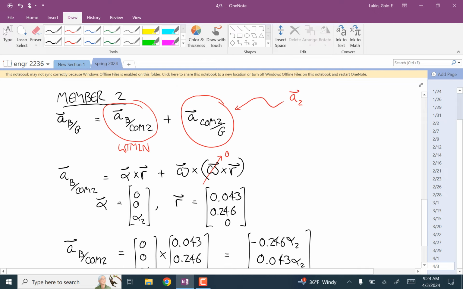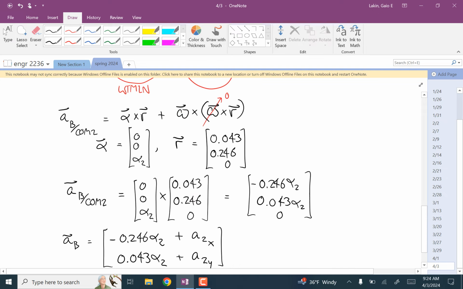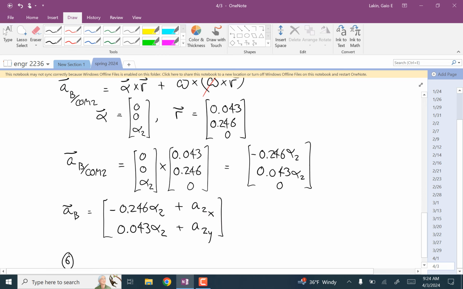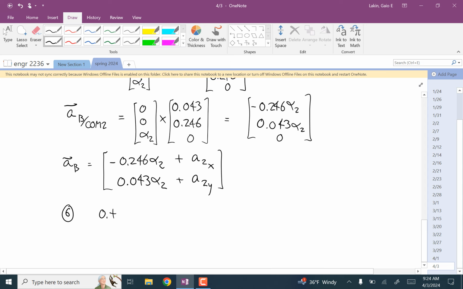And now finally, the constraint is just setting those two equal. So equation 6 says 0.492 alpha 1. I'm going to move this stuff over to the other side of the equation. So plus 0.246 alpha 2 minus a2x is equal to 0. Everyone following what I'm doing there?